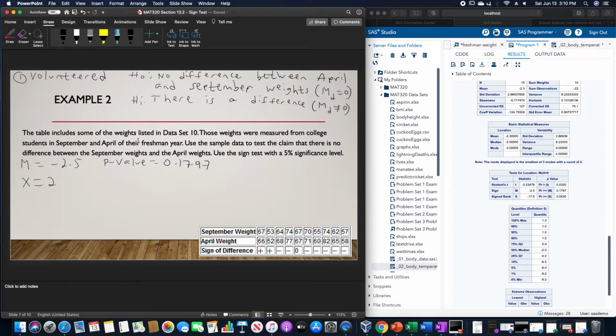And either way, we obtain the same answer, which is that we fail to reject the null hypothesis of no differences, which means that the median is indeed 0, based upon that particular test.